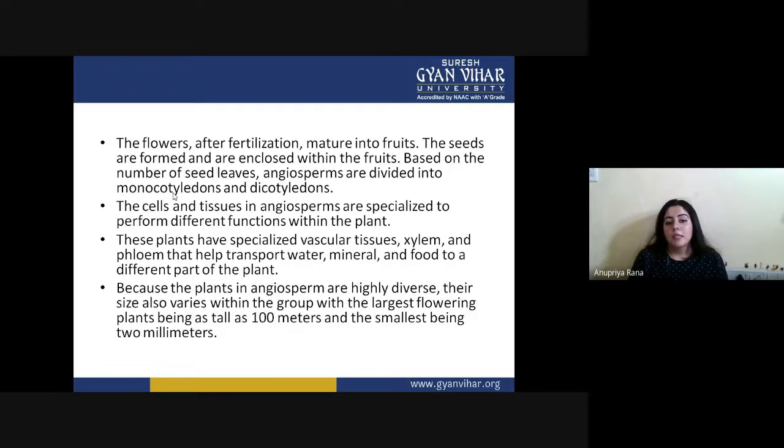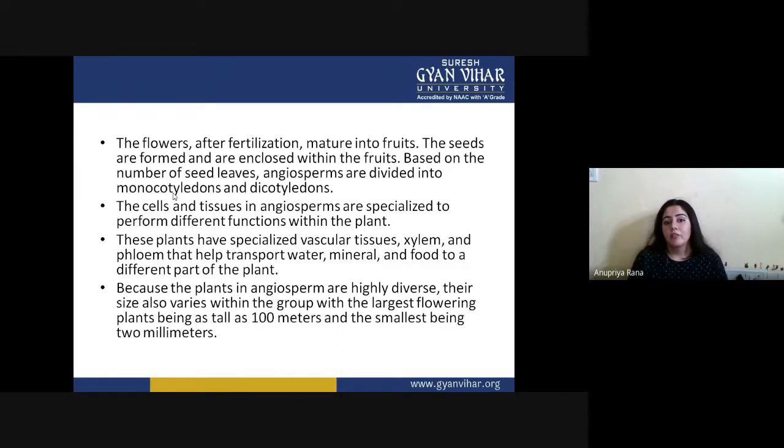Because the plants in angiosperms are highly diverse, their size also varies within the group, with the largest flowering plant being as tall as 100 meters and the smallest being about 2 millimeters. The first point we studied about angiosperms is that they are diverse.